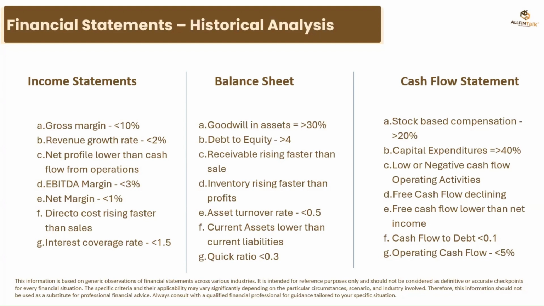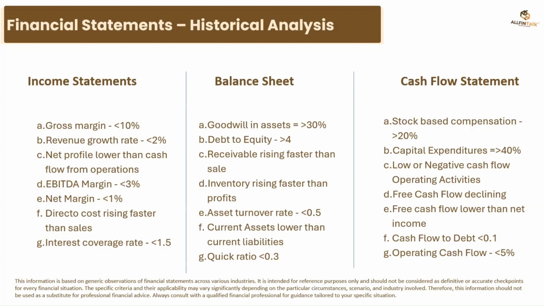Similarly, receivables rising faster than sales. Like I mentioned during our analysis, if we are making more credit sales, then we are at risk. If our inventory is rising faster than profits, if our asset turnover ratio is less than 0.5, if your current assets are lower than current liabilities, or my quick ratio is less than 0.3.